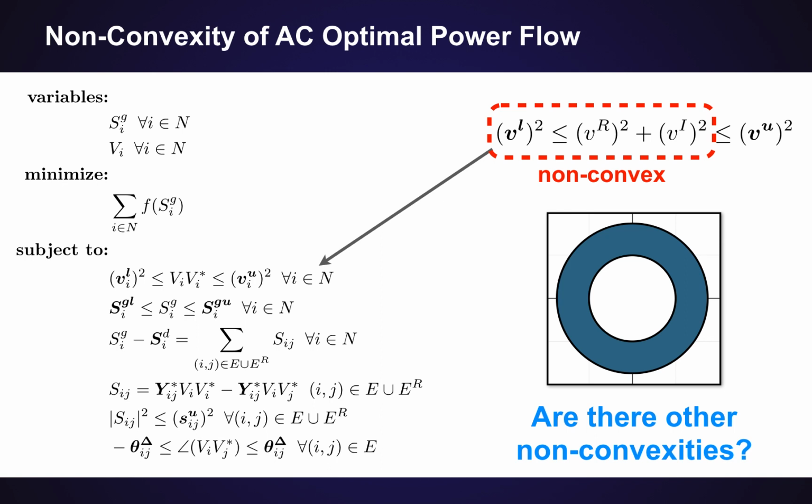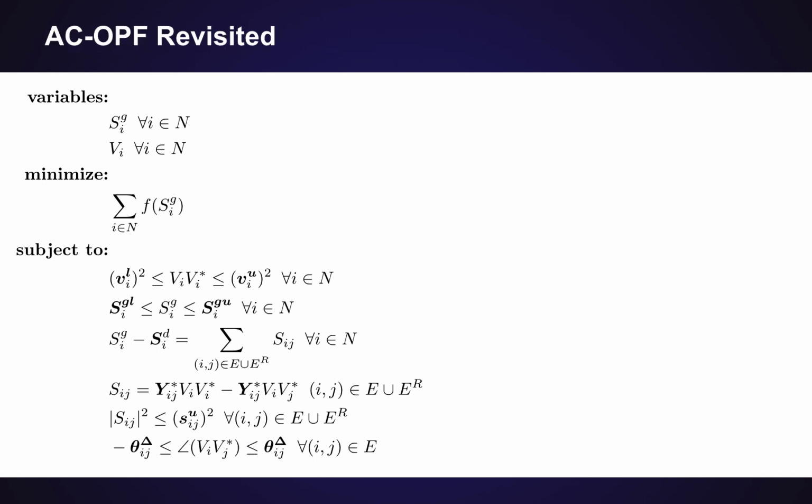Okay, so if we take a closer look at the whole problem, we see that all of the non-convexities in the AC optimal power flow can be linked back to these products between voltage variables.